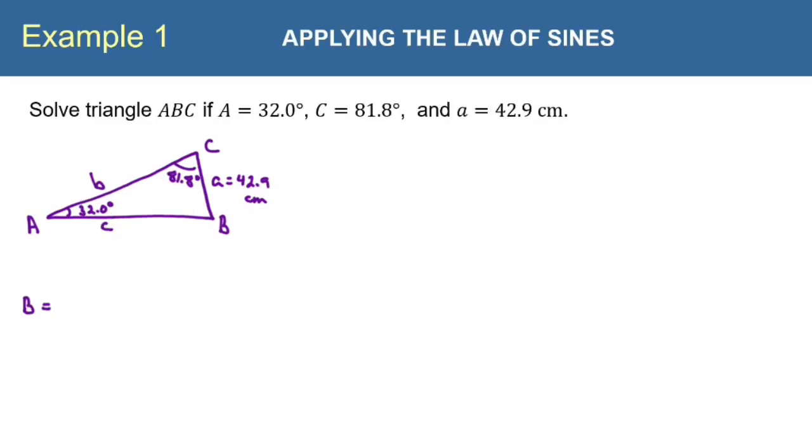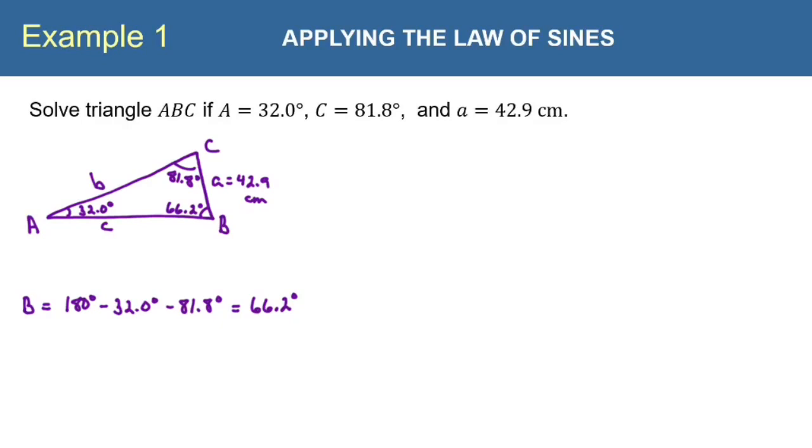So angle B will be 180 minus 32.0 minus 81.8 degrees, and that would give us 66.2 degrees for angle B. We'll go ahead and label angle B there. Now to find side B and side C, the only tool we have is the law of sines.